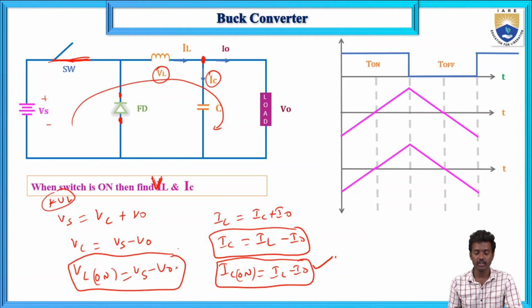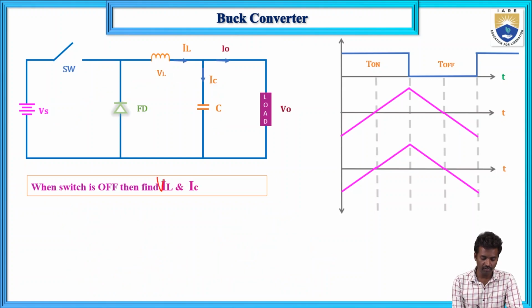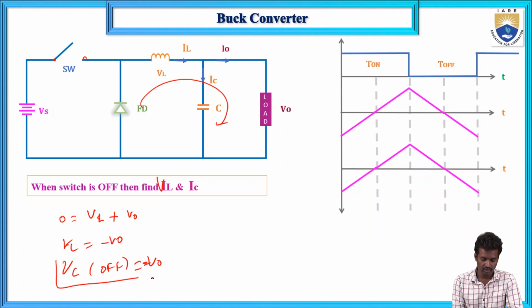Now calculate VL and IC when the switch is off. Switch off means it is open, and the diode is in forward bias. If you apply KVL in this loop, 0 equals VL plus V naught, so VL equals minus V naught. So VL off equals minus V naught.